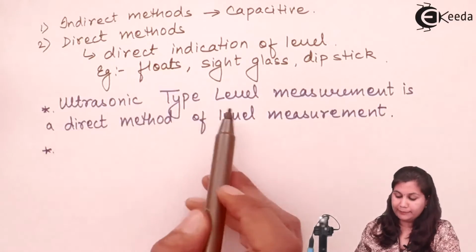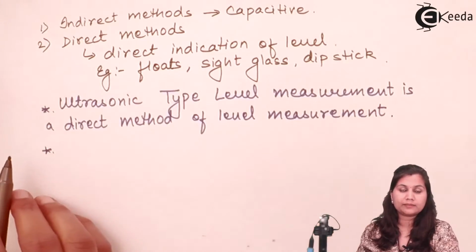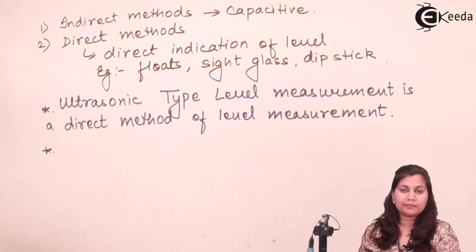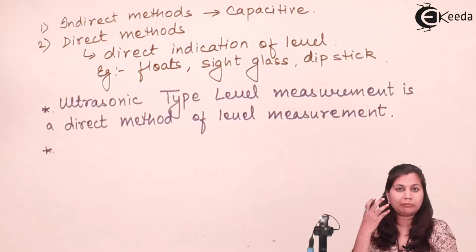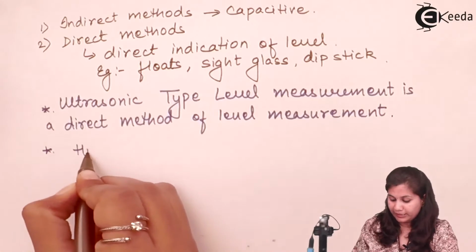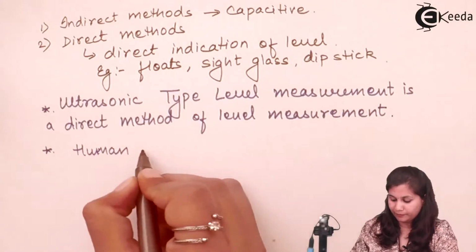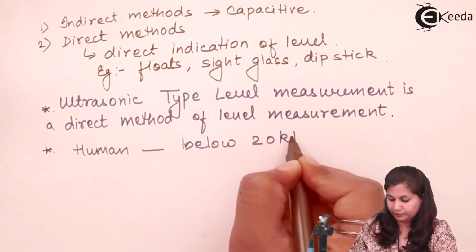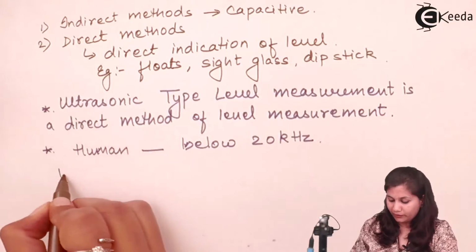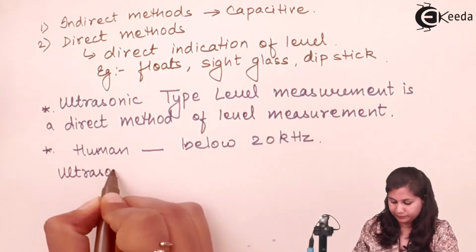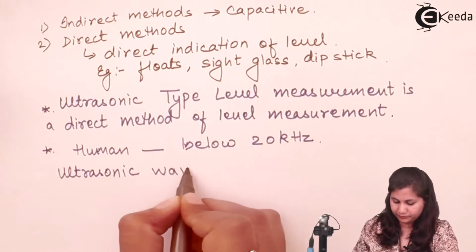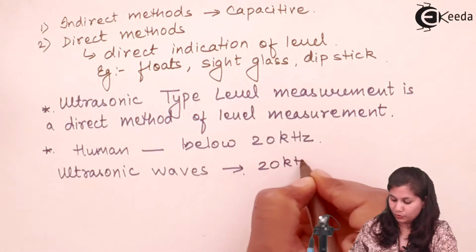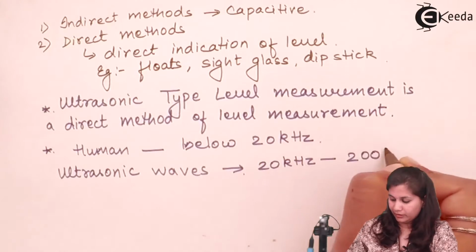Now these ultrasonic type of level measurement methods basically use sound waves. Sound waves are of two types. Humans can hear the sound waves in the range below 20 kilohertz, whereas the ultrasonic waves are in the range from 20 kilohertz to 200 kilohertz.